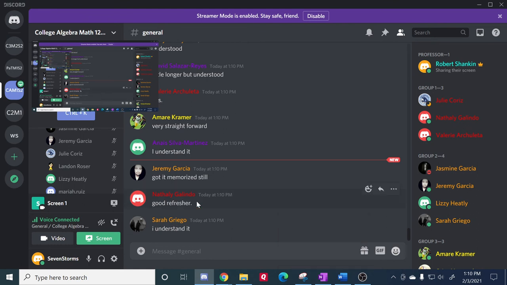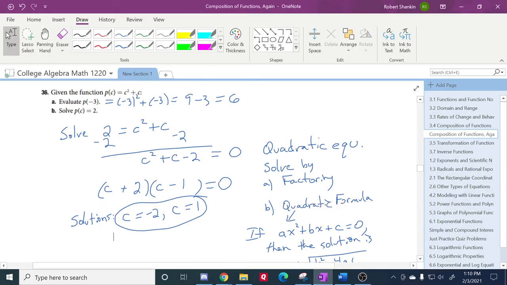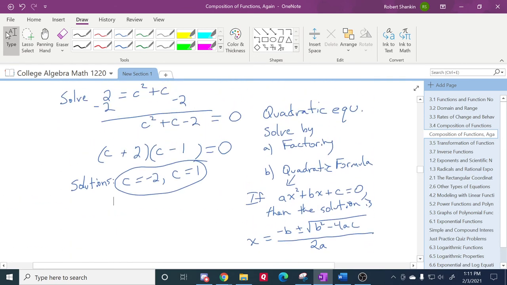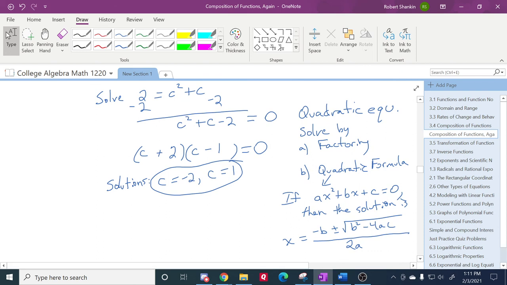Somebody still had it memorized. All right. Are there any unanswered questions from the homework before we get on to the new material? Anything anybody wants me to go over?